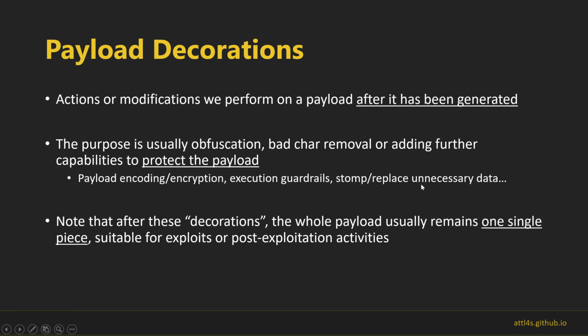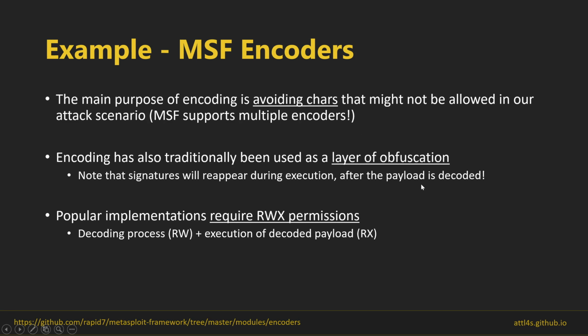So first example, Metasploit encoders. The main purpose of these is avoiding chars. There are some scenarios where specific chars are not allowed, so using an encoder always helps in those scenarios. That's the main purpose, and Metasploit has a lot of encoders. But also encoding traditionally has been used as a layer of obfuscation.